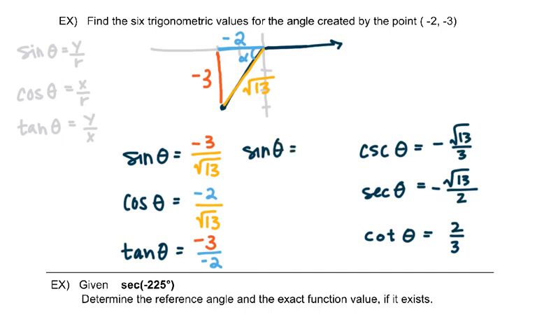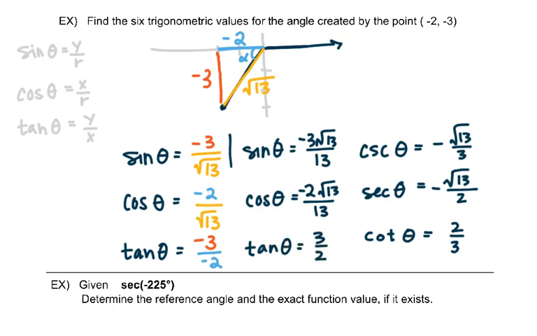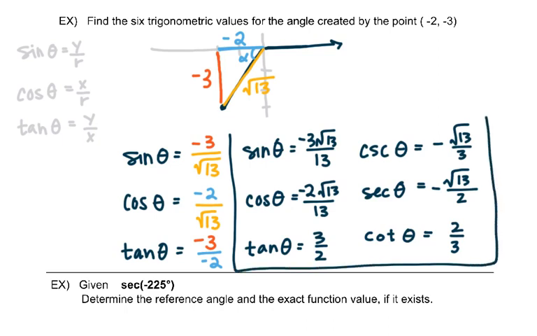If I rationalize that, I've got -3 root 13 over 13. Rationalize -2 over root 13, I have cosine theta is -2 root 13 over 13, and tangent theta, just the negative over negative, becomes positive 3/2. So these are my 6 trigonometric function values created by that point located at -2, -3.